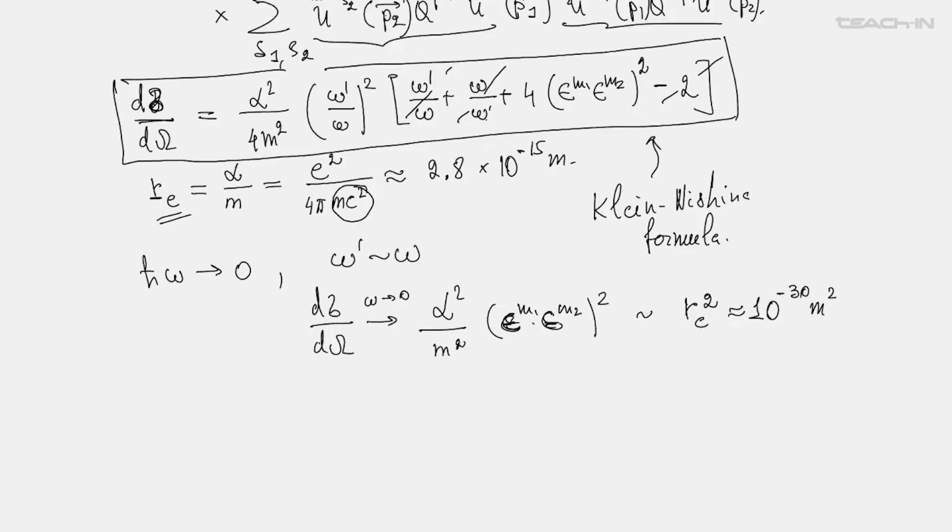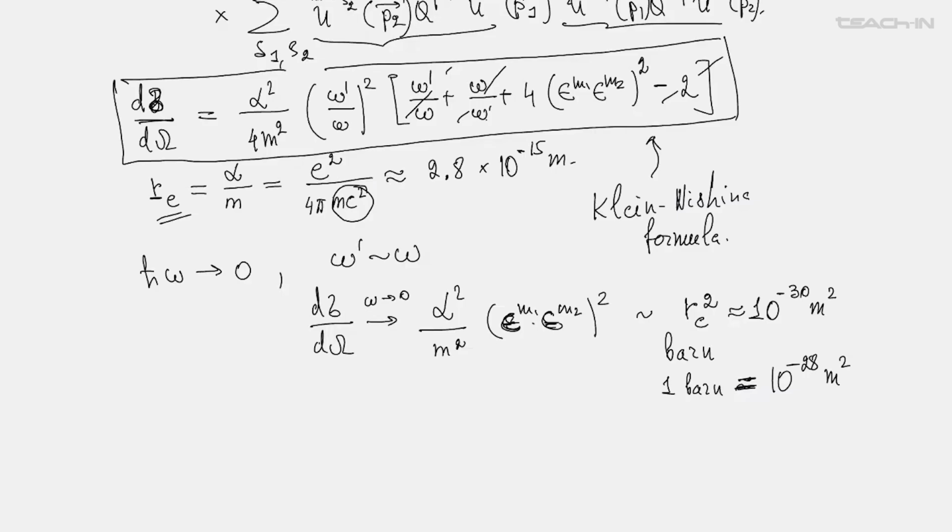So cross sections are measured in barns, and one barn is taken to be equal to 10 to the power minus 28 meters squared. Right. So this is how the answer for the cross section looks like.